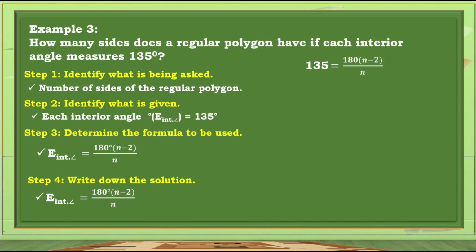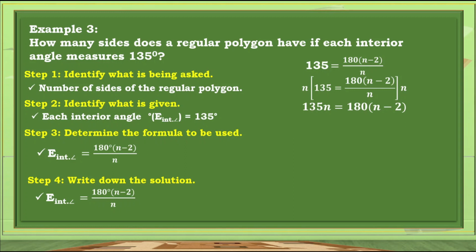Then multiply both sides of the equation by the least common multiple of the denominators, which is n. Then simplify. So we have 135n equals 180 times the quantity of n minus 2.